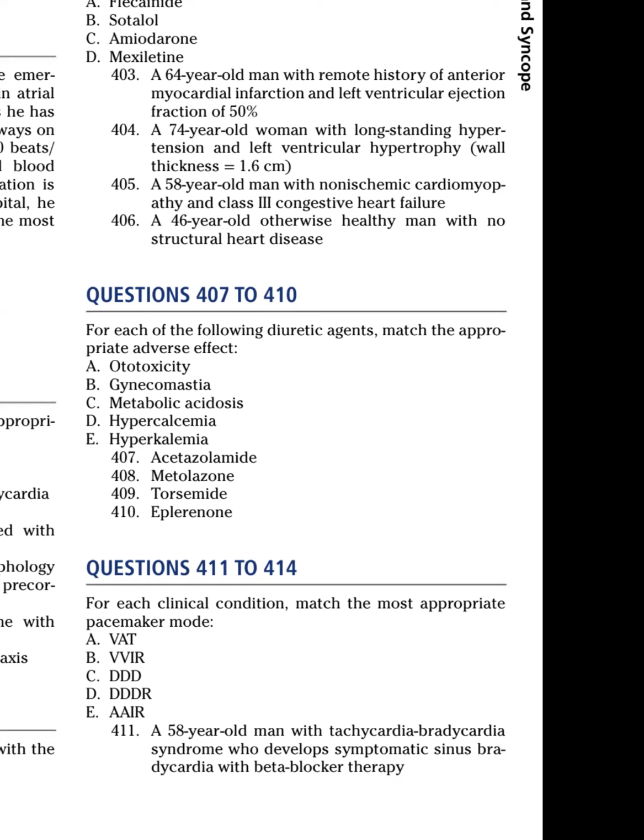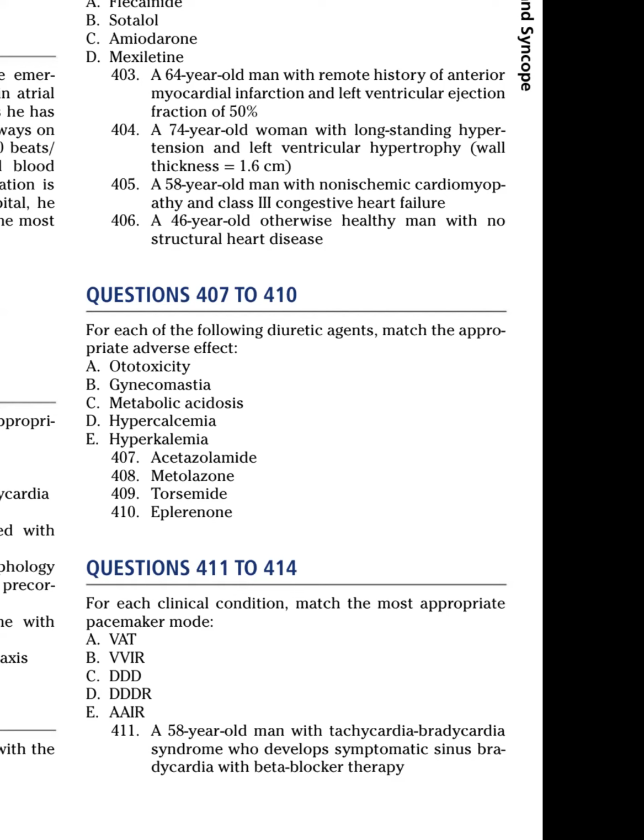Now, there are a few things to remember in terms of selection of the appropriate mode for cardiac pacing. The three major things to look out for are, one, what is the underlying rhythm disturbance; number two, the patient's level of exercise capacity; and then the chronotropic response to exercise.